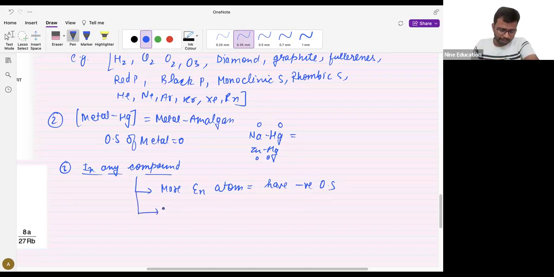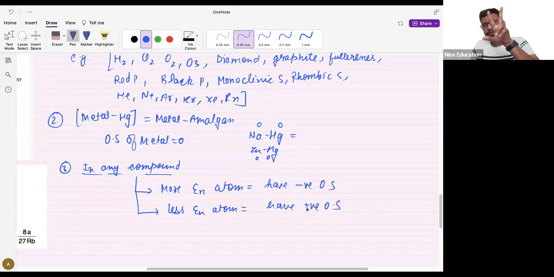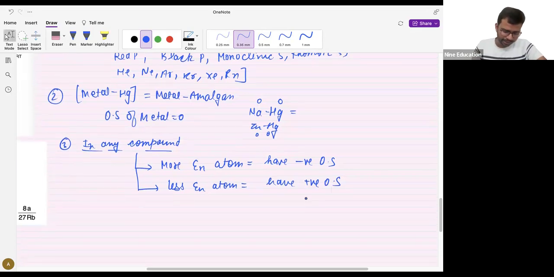If you have a less electronegative atom, it will have positive oxidation state. So between two atoms, if one is more electronegative and the other is less, the more electronegative atom will have the more negative oxidation state. You know? This is the criteria.